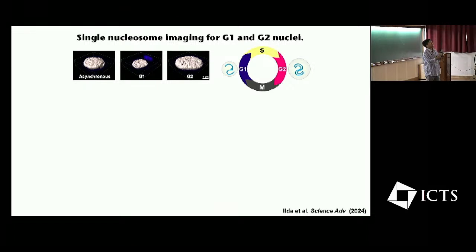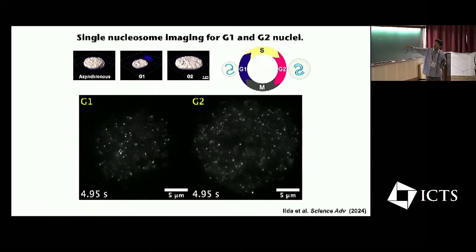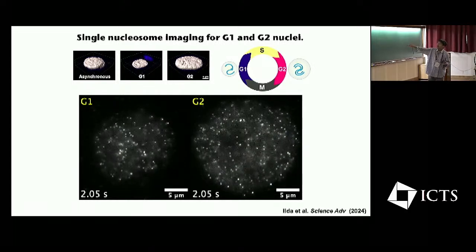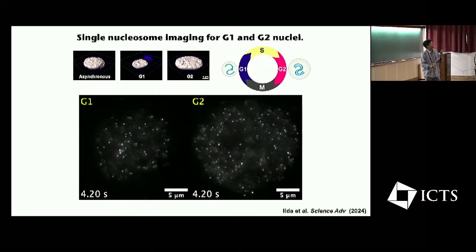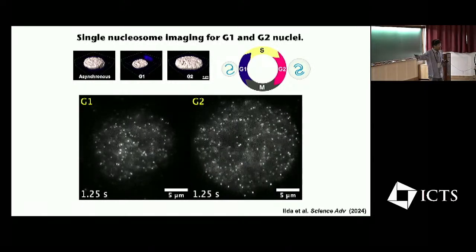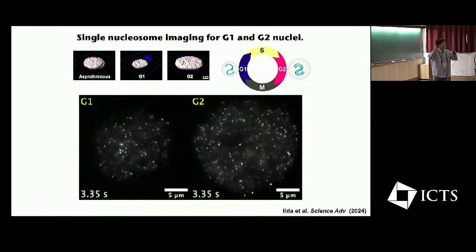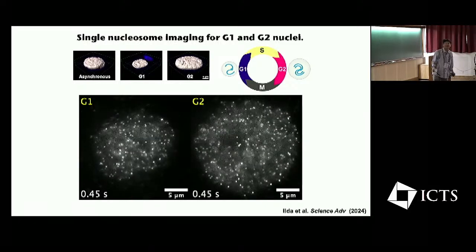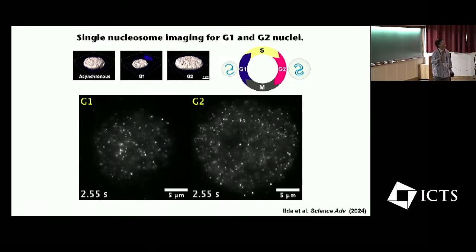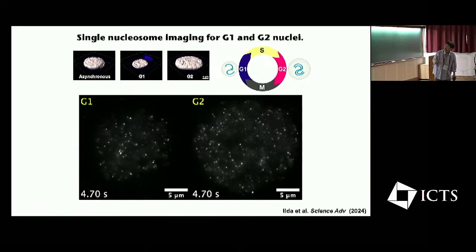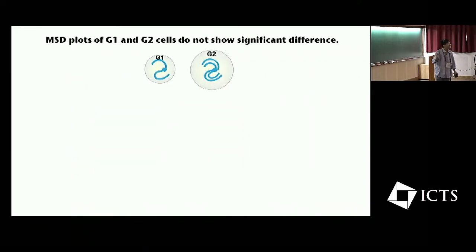So the question is, do these changes affect nucleosome behavior or not? Then we looked at nucleosome motion in G1 and G2 cells. Can you see the difference? Of course, the nuclear size is different, but how about the nucleosome motion? If you can see no difference, you're right.